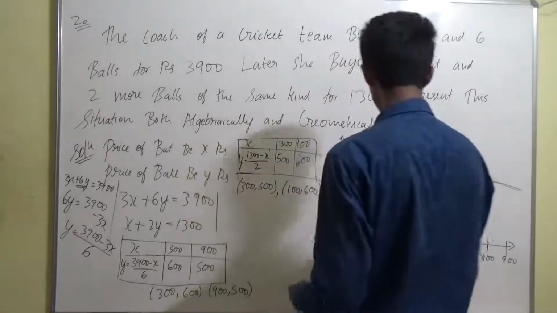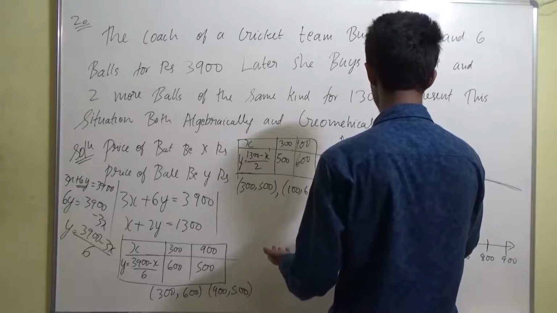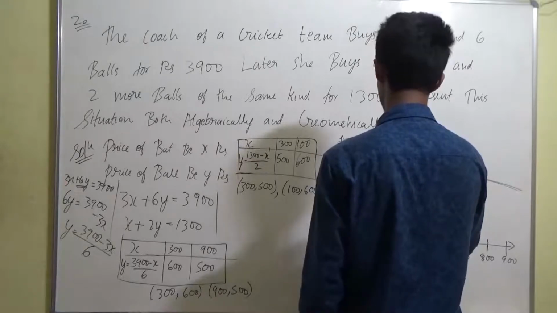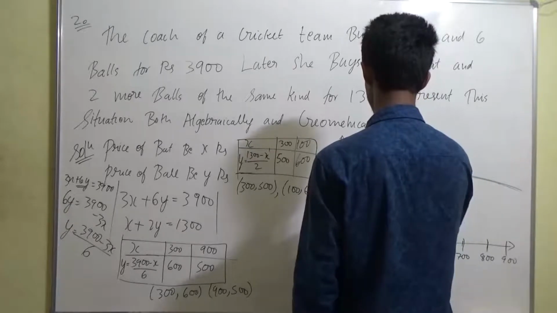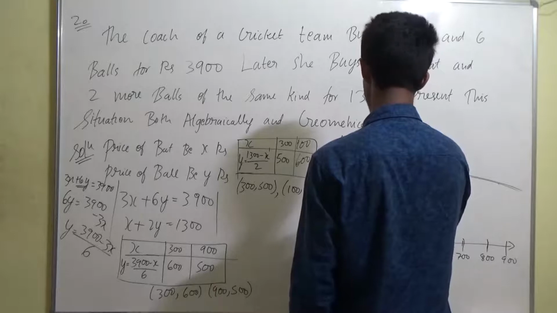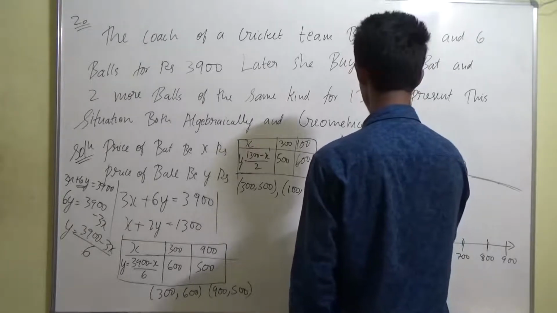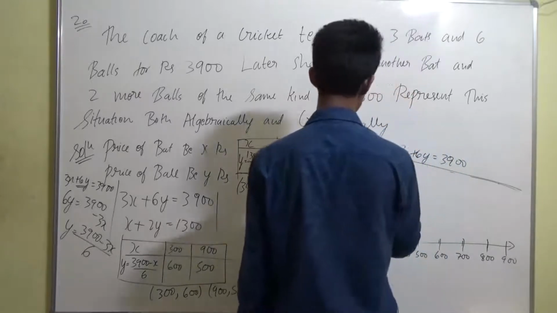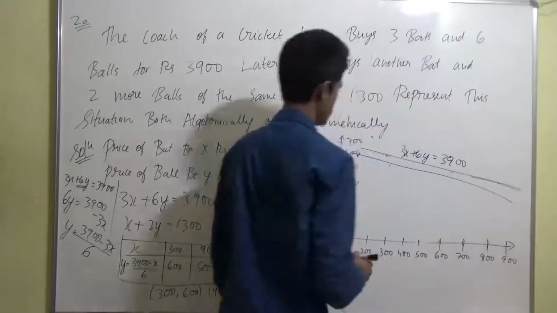Now the second points if you mark, it is 300 comma 500, right? And then 100 comma 600. These 2 points will give us a graph something like this, right?